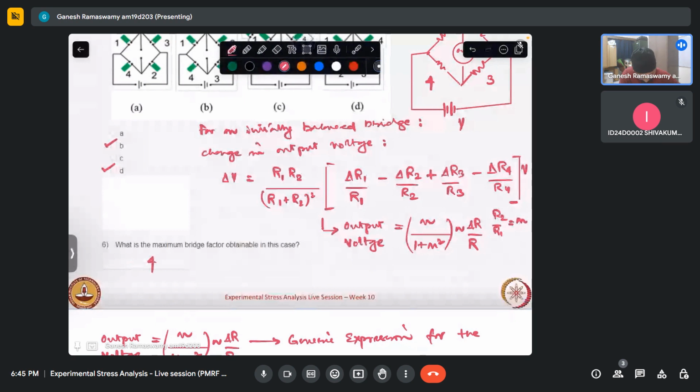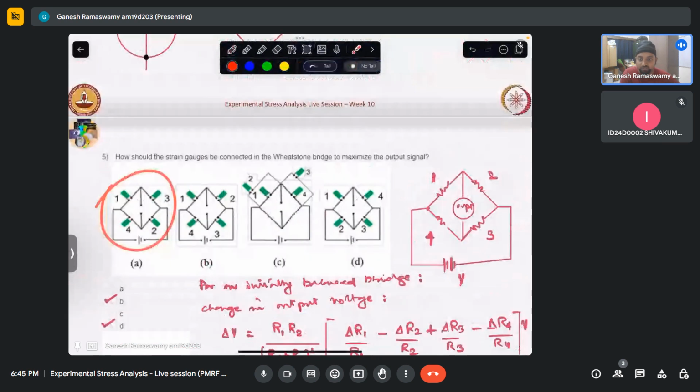Now we seldom go for such arrangements. Generally, a quarter bridge or a half bridge connection is what we do in our experiments. For the quarter bridge, there is one issue of temperature effects.